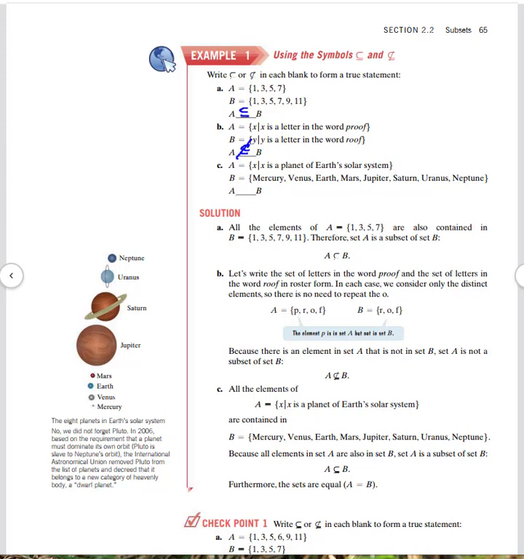Then look at set B. It's using the roster method to list all of the planets in Earth's solar system. So is every element of A also included in set B? The answer is yes. So I can say that set A is a subset of set B.